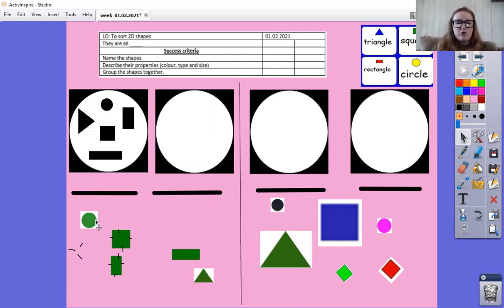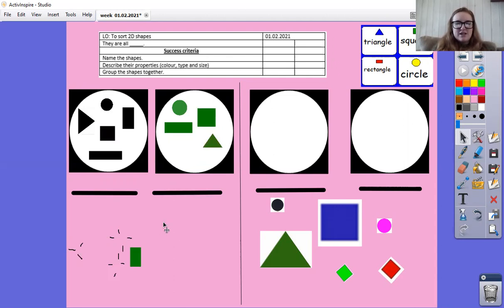Let me now look at my green shapes. This shape is a circle and it is green. This shape is a square and it is green. This shape is a rectangle and it is green. This shape is a triangle and it is green. And this shape is a rectangle and it is green. So I've sorted my shapes into black shapes and green shapes.